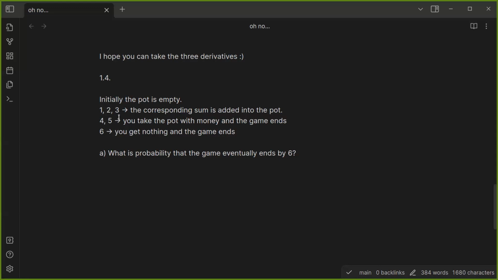Oops, and you get nothing. Or you may get 1, 2, 3, 5, and you win 1 plus 2 plus 3, the total value in the pot. Or it may be 3, 3, 4, and you win 6, because 3 plus 3 is 6, and 4 is a possible terminal value on the dice.